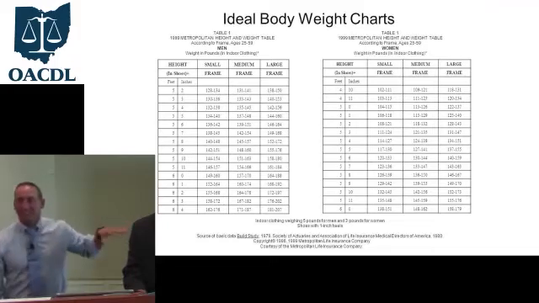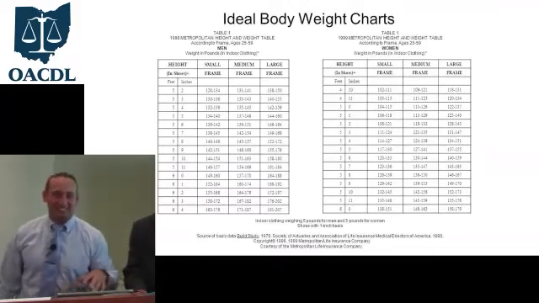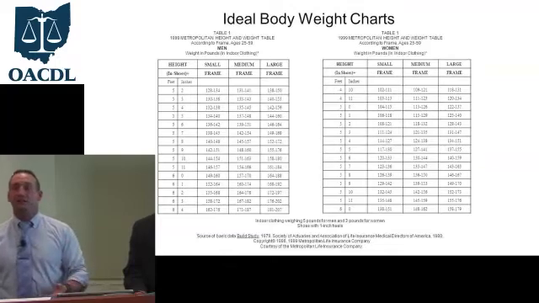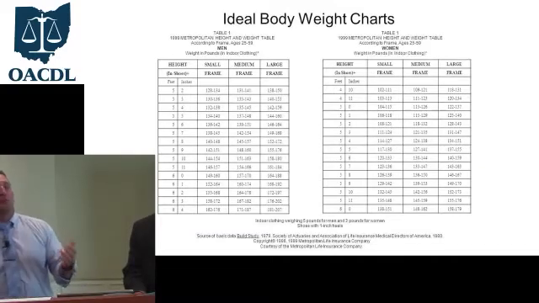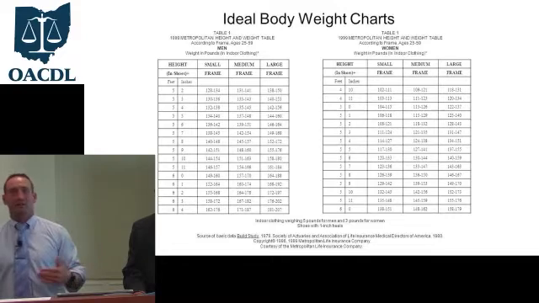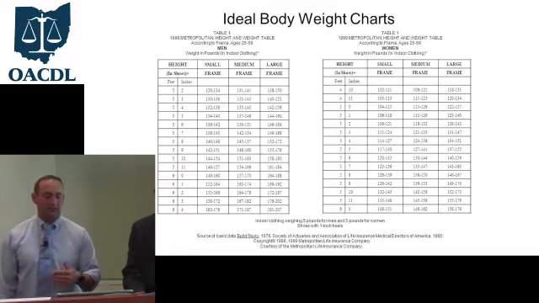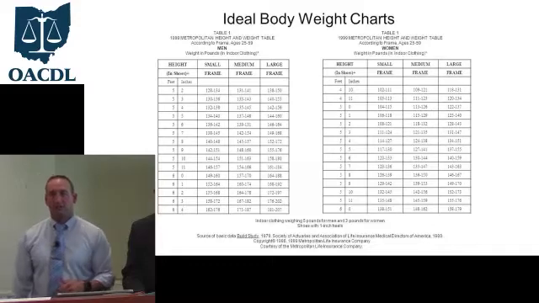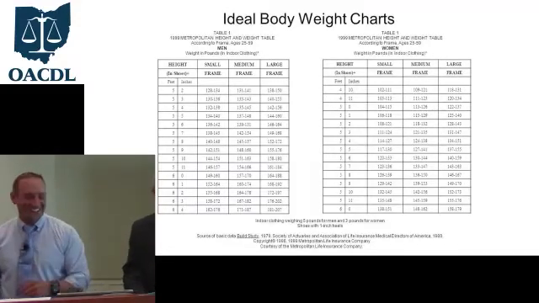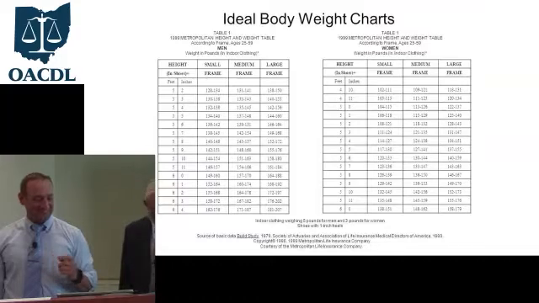So if you can use these, maybe your client needs to stuff a sweatshirt underneath their dress shirt, but nearly anybody can be 50 pounds overweight. And one of the best ways to do it is just with their driver's license, especially if it hasn't been updated. Just check and see what their weight is. Because I'm sure nobody wants to be getting on a scale in a courtroom. But it's always going to be lower.